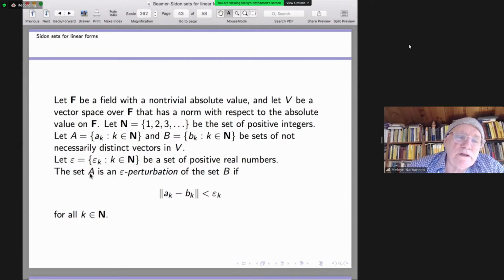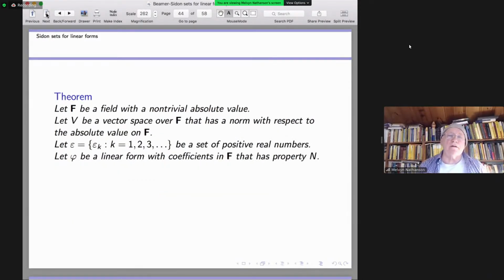So we say that the sequence A is an epsilon perturbation of the sequence B if the norm of AK minus BK is strictly less than epsilon k for all k. So you have this sequence B, and you have this sequence of little epsilons, and a perturbation of the sequence B is a sequence A where AK minus BK, the norm, is less than epsilon k for all k.